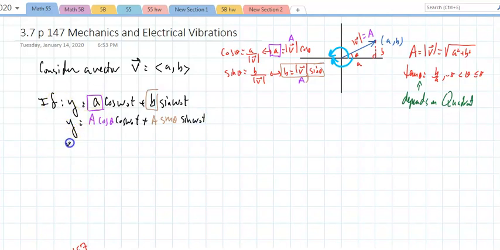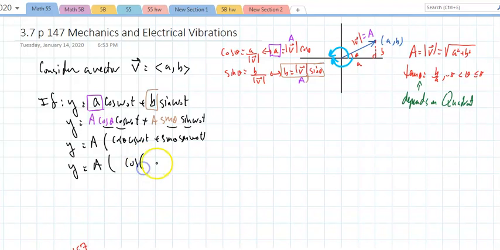And we do know that if you happen to have cosine, cosine, sine, sine, that would be A times cosine of theta, cosine of omega naught t, plus sine of theta, sine of omega naught t, and we do know that would be A times the cosine of omega naught t minus theta. I could put those in any order. And that's pretty much what it is.